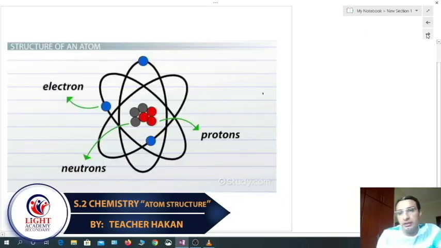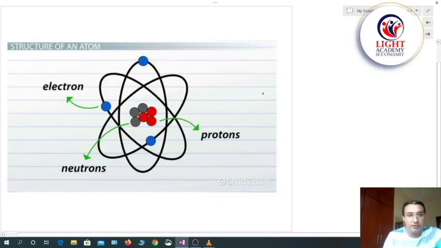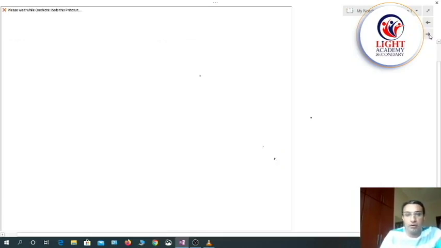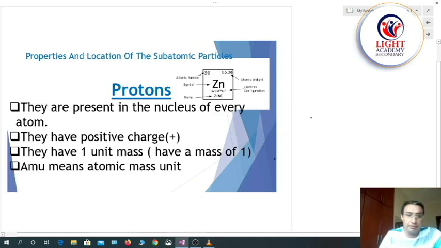Okay, after learning the location of the subparticles, we are going to state the properties of each particle. Okay, let's get started with protons. So protons, you can see, are available in every nucleus of matter, and they have positive charge, and they have 1 unit mass. 1 unit mass means, you may ask what does it mean?